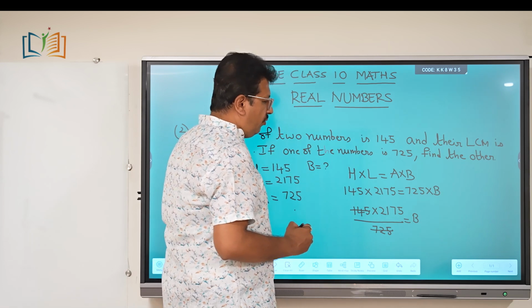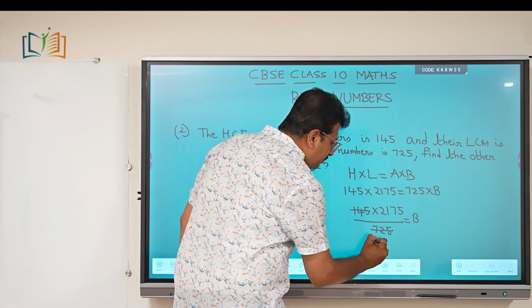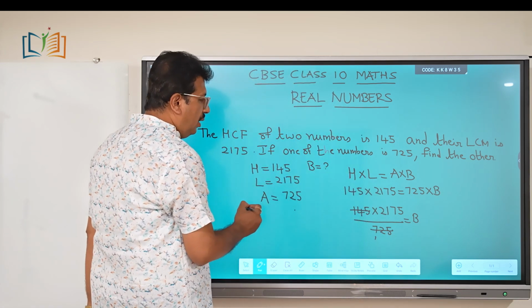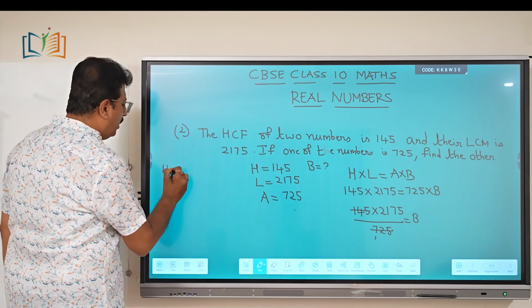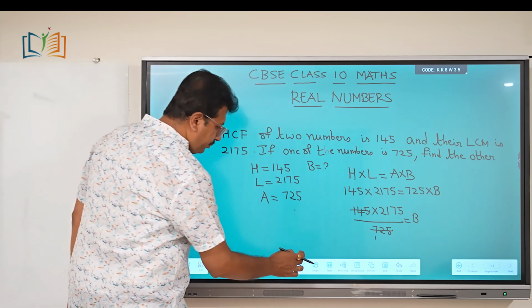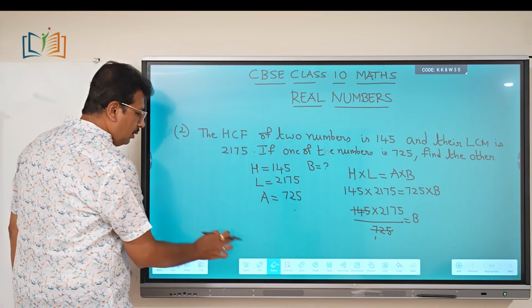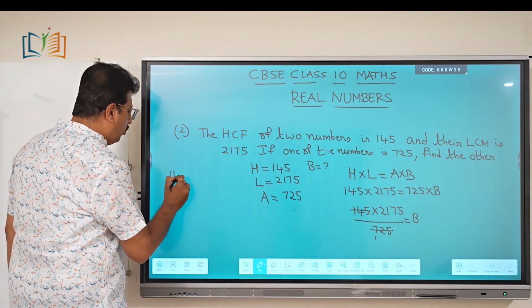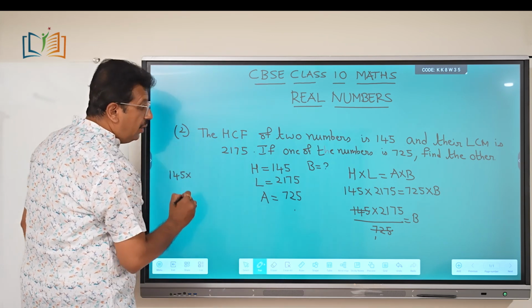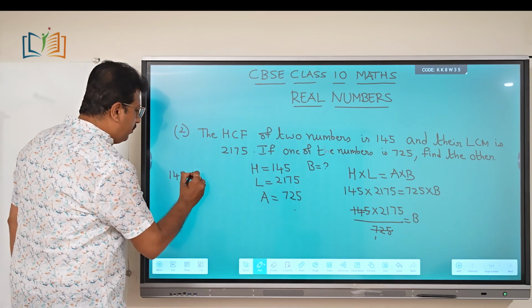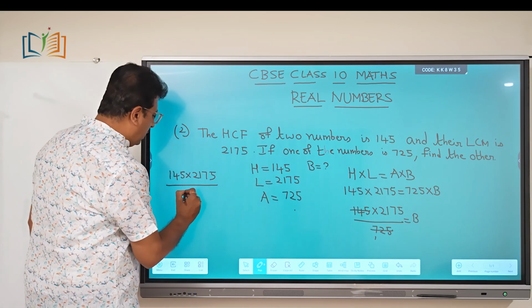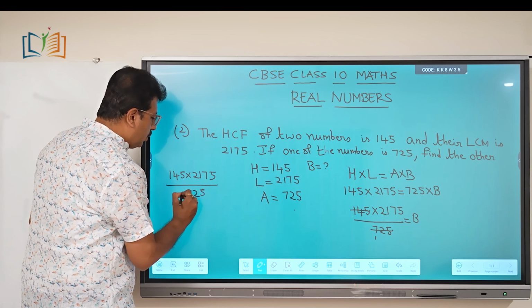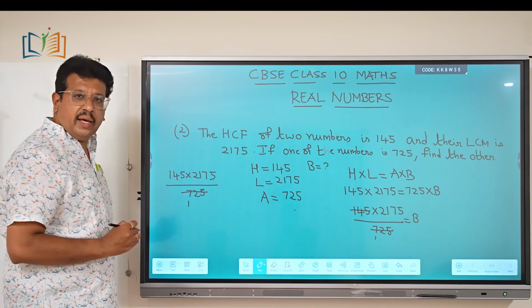We will do it in the working column, it will be easier for you, so that we can use the space here. 145 into 2175 divided by 725. So 5 ones are 5.